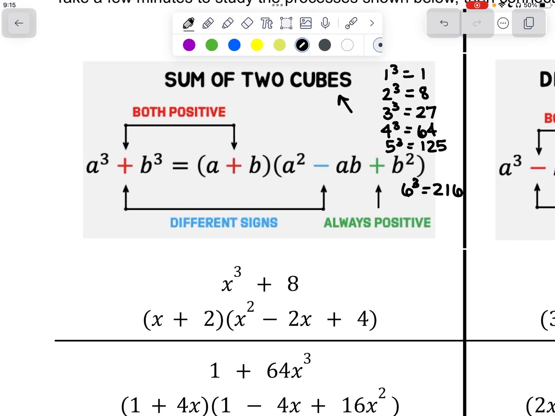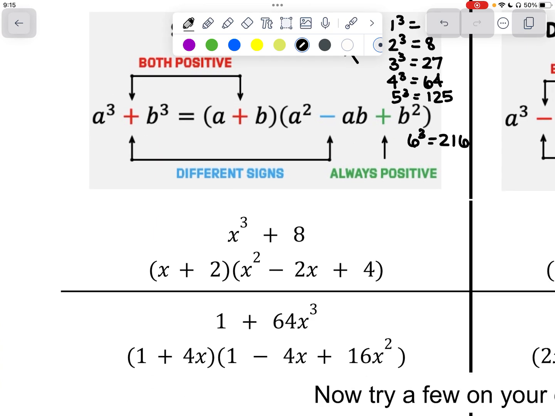So basically, when you recognize that it's the sum of two cubes, the way you tell if an exponent is a cube is that it's a multiple of 3. So x to the third would be a perfect cube, x to the sixth, x to the ninth, and so forth. I just want to look at x cubed, though. We're doing very basic ones here.